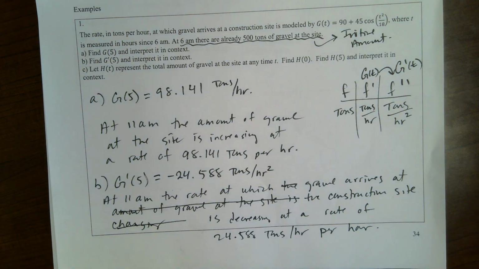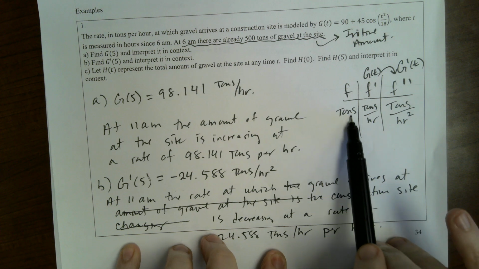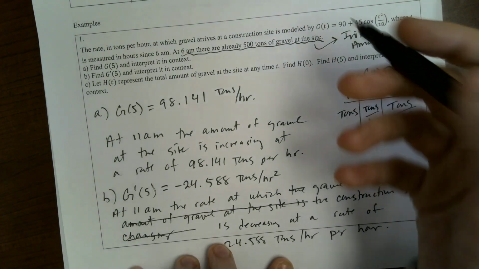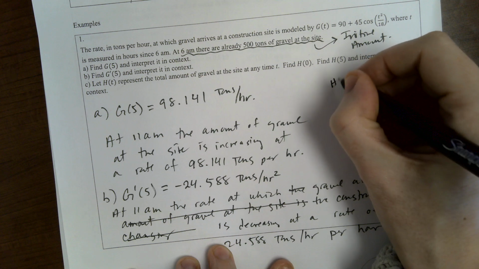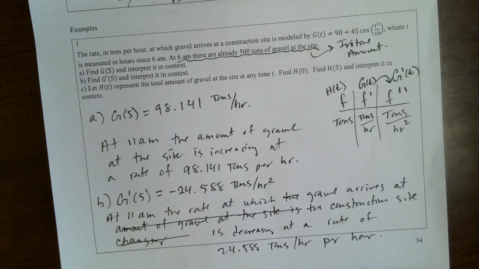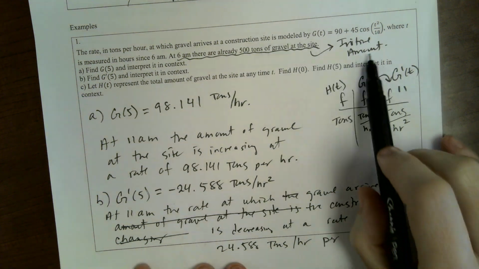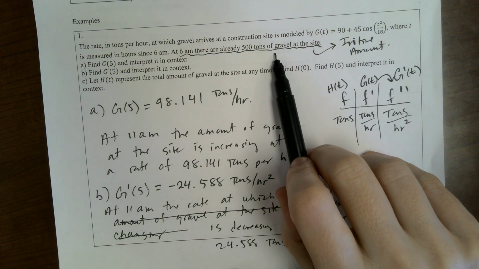H of T is the total amount of gravel at the site at any time. That is tons. That's at the very beginning of our derivative sequence. H of 0 is at the beginning of the workday, right at 6 a.m. That is our initial amount of gravel at the site.